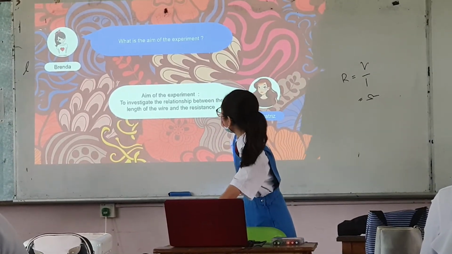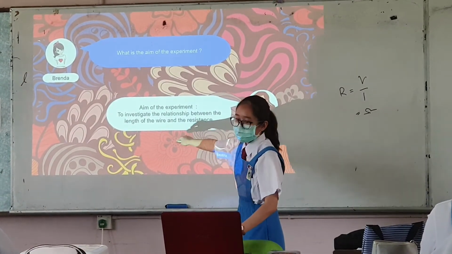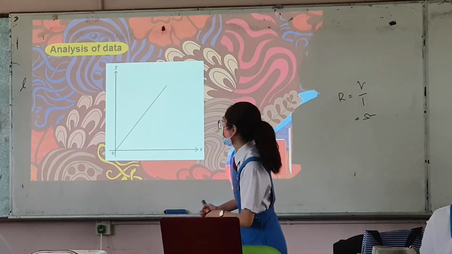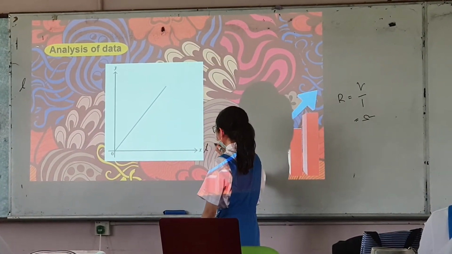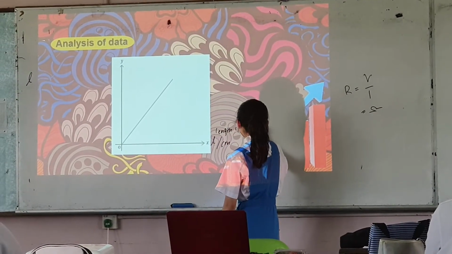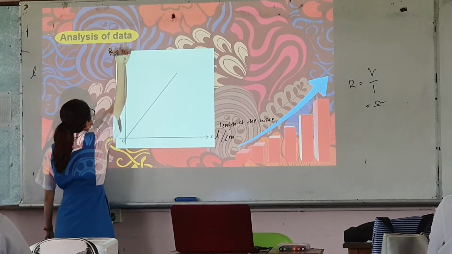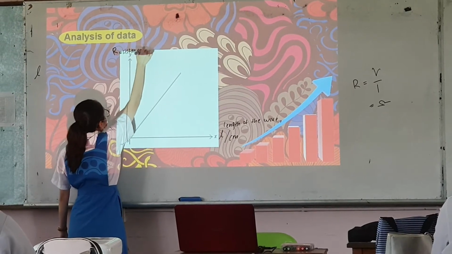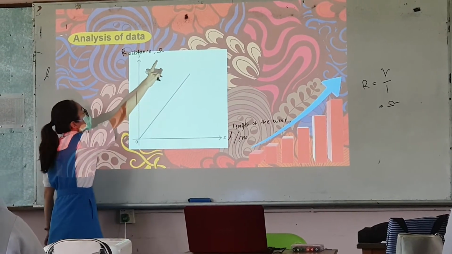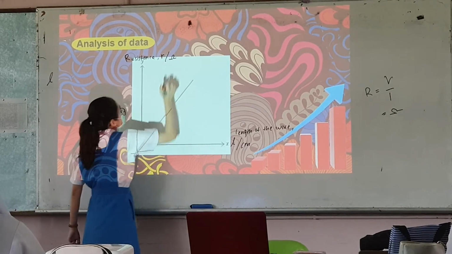Hence, the length of the wire is x-axis and the resistance is y-axis. Okay, resistance, R stroke ohm. You see, you have 3 things, name, symbol, unit, capital R.